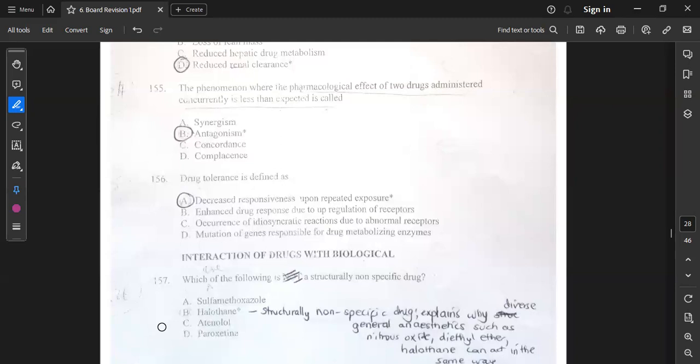So gaseous anesthetics. Okay, so B, halothane. I think we are in agreement.